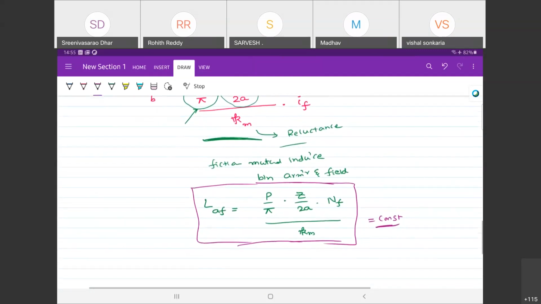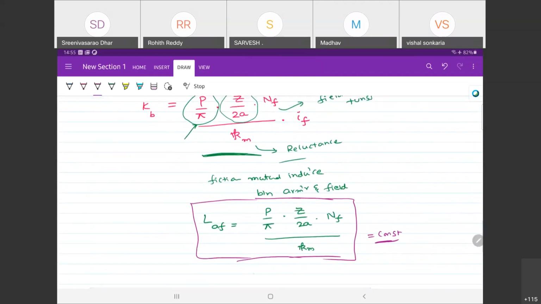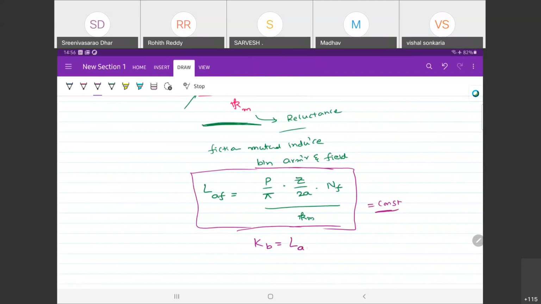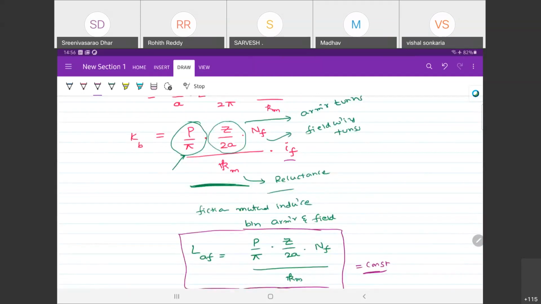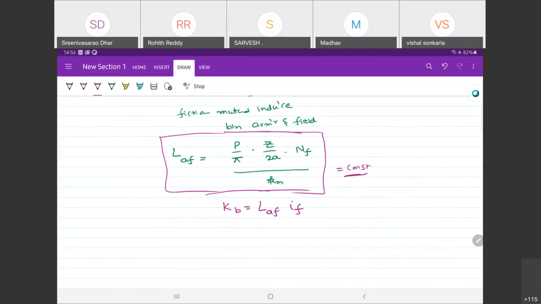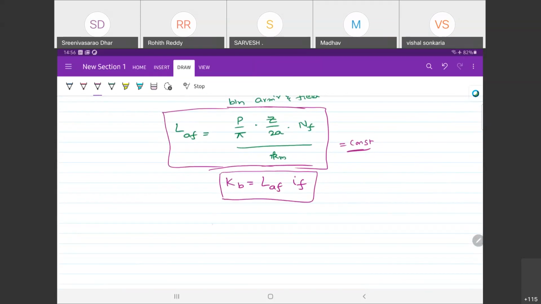So therefore what you are left with is this K_B equal to this LAF into this IF. That is the formula for K_B, and the other formula for back EMF is E_B equal to K_B into omega m.